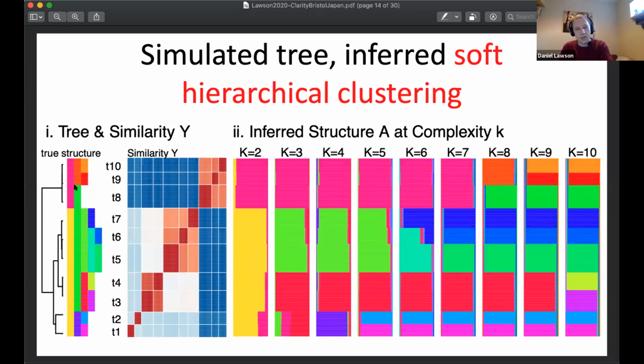So every single one of these real clusters gets represented in this richer mixture representation. But the advantage is that if there were genuine mixtures going on in the tree, those would also be captured in this structure. And so this means we've got a clear understanding of what we mean by structure. It's a kind of soft hierarchical clustering.